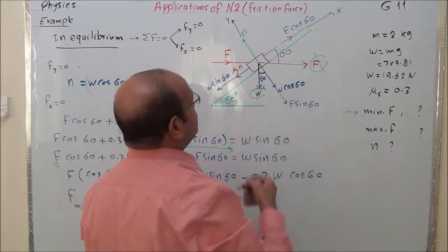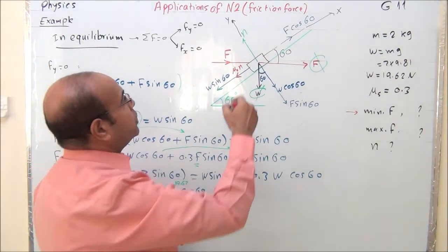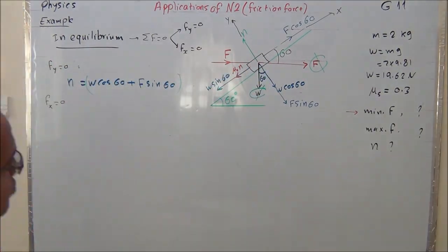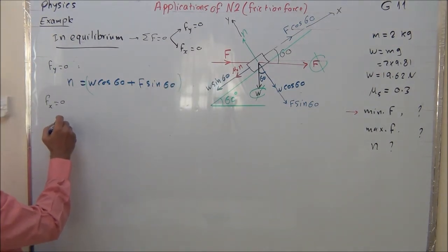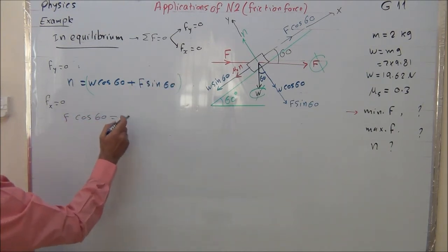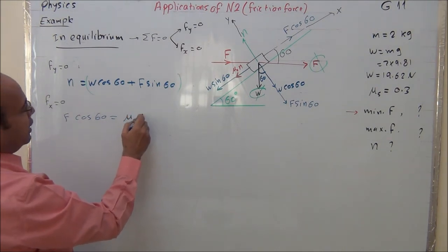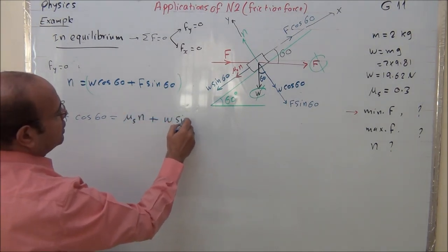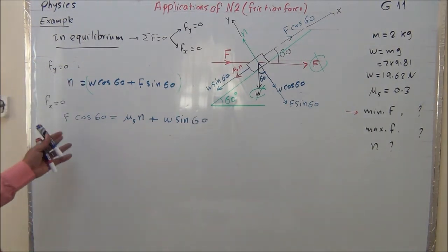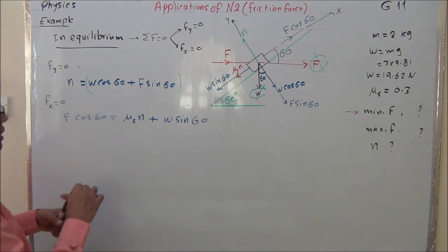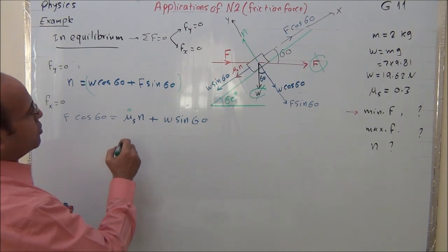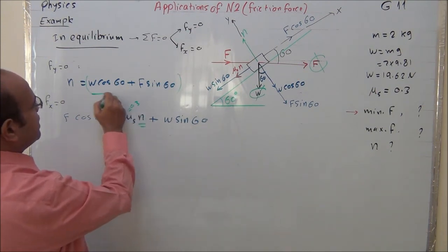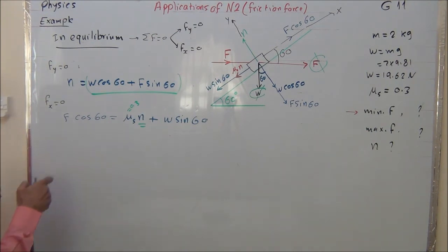So what will happen? We change the direction of mu s N because it is sliding up. So Fx equals 0. So F cosine 60 equals mu s N plus W sine 60. So this is the equation in the x-axis, but we just replace N by its value. The mu s is given, mu s equals 0.3, and we replace N by its value.